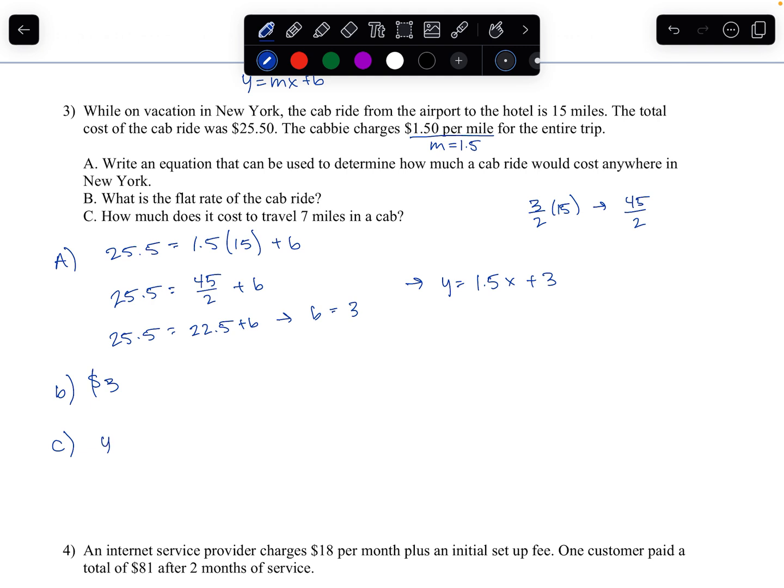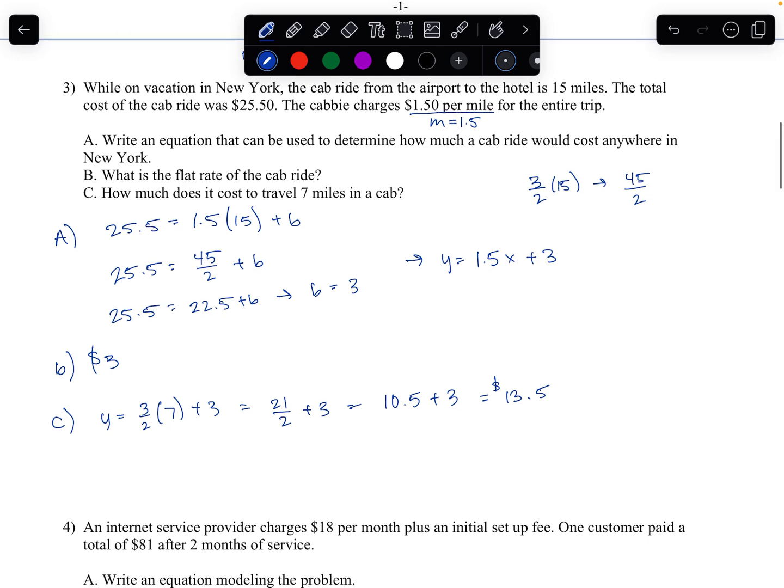So just using the same formula, y equals 3 halves times 7, so for 7 miles, plus 3, and that's going to be equal to 21 halves plus 3. 21 halves is 10.5. 10.5 plus 3, and that's $13.50. Okay.